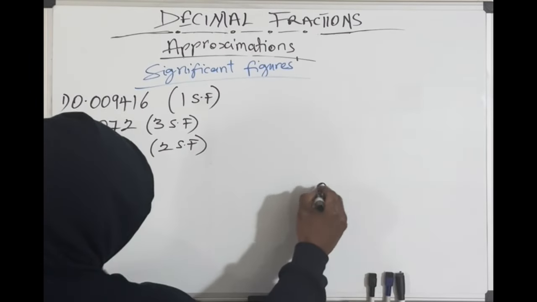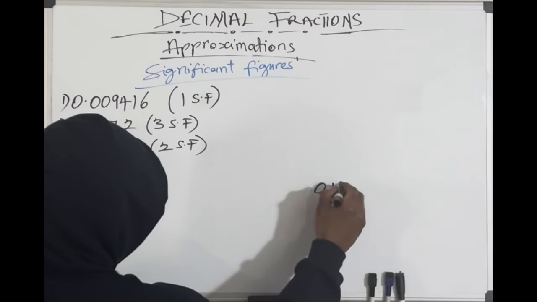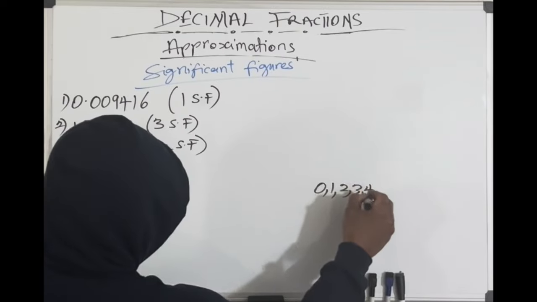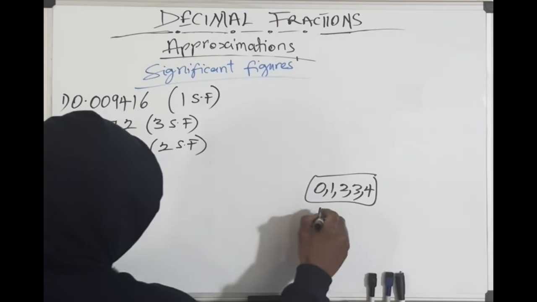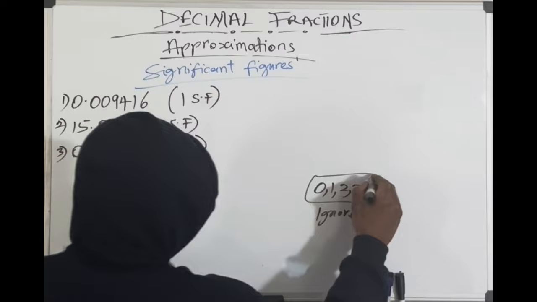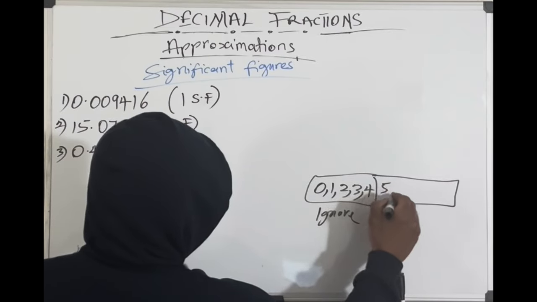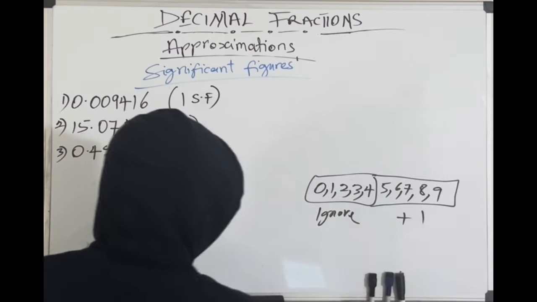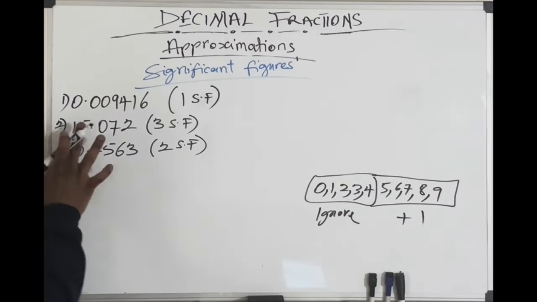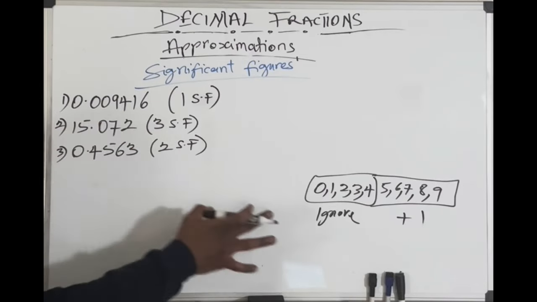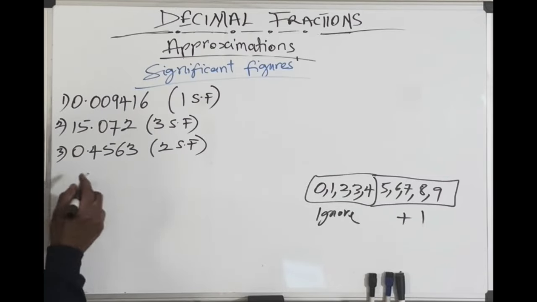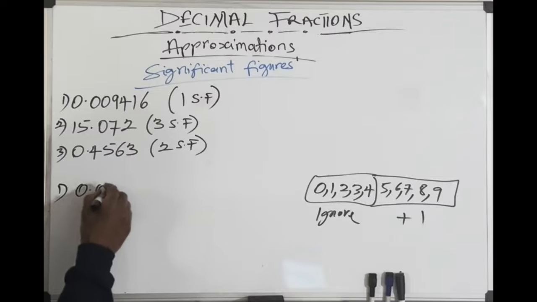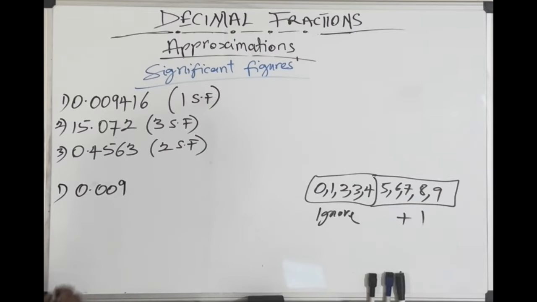If you remember, we said 0, 1, 2, 3, 4, you just ignore. And 5, 6, 7, 8, 9, you add plus 1. So for the first significant figure, the next is 4, so we just ignore. So number 1, the final answer will be 0.009.